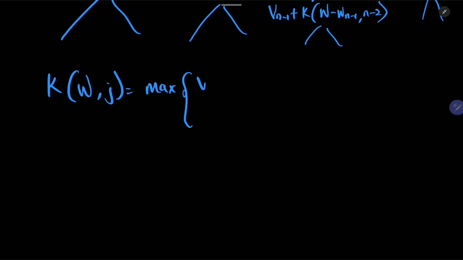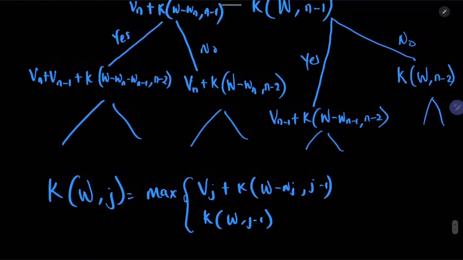So we want to choose the maximum of whatever we have chosen. What's left is this. Or if we did not choose this, we have this, with J minus 1. I hope this makes sense, and this is exactly what we have here.